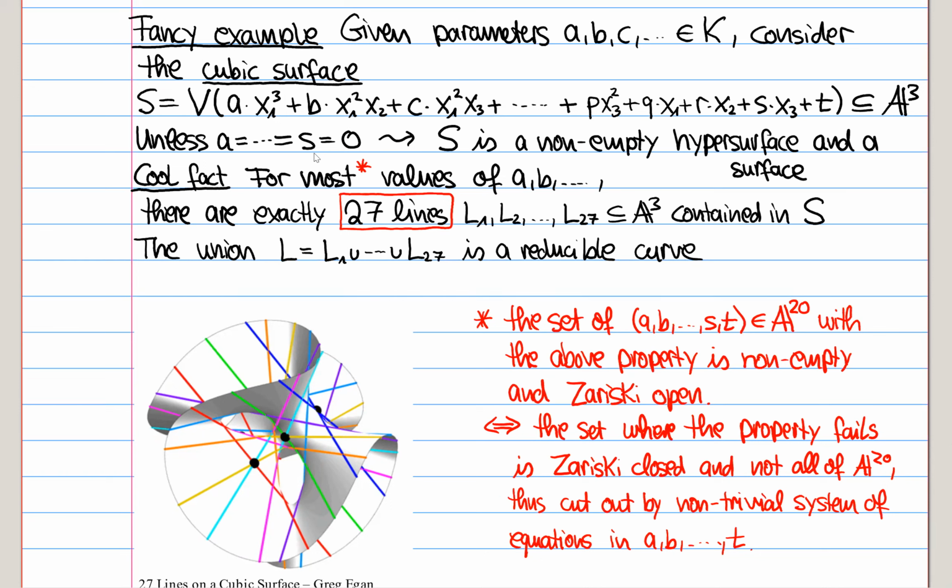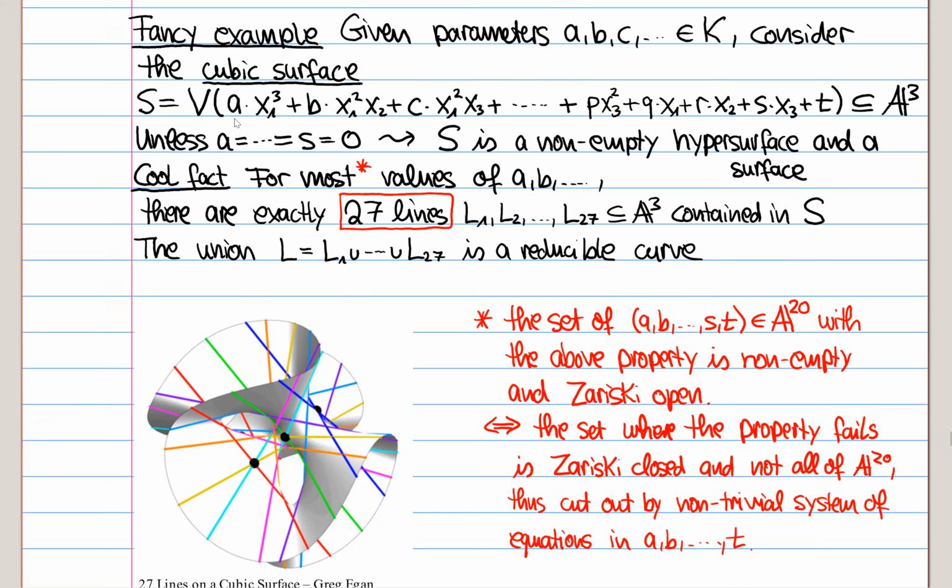You can think about it for a second, and then you can see that to specify an arbitrary such equation, which is cubic in 3 variables, you need to specify parameters a, b, c, and so on of the different terms in this equation until t. And it turns out if you count, this is exactly 20 parameters.